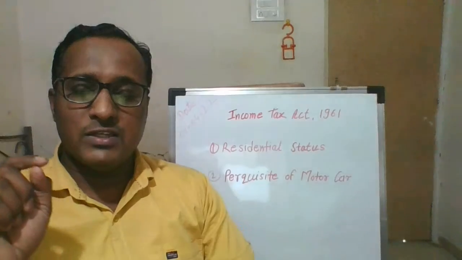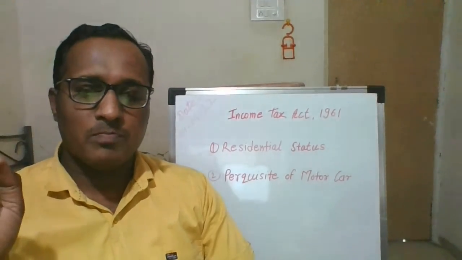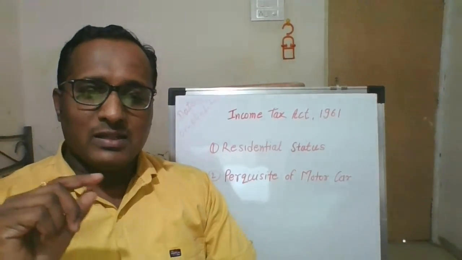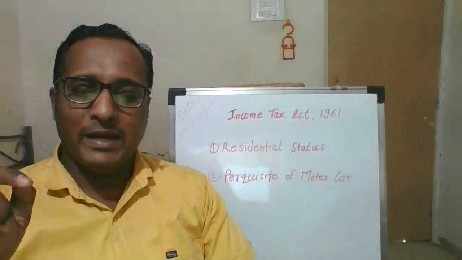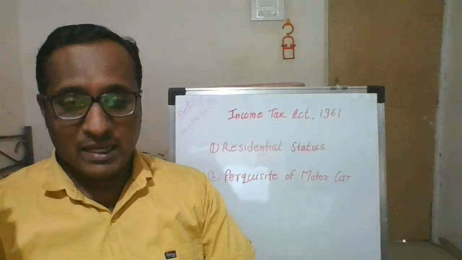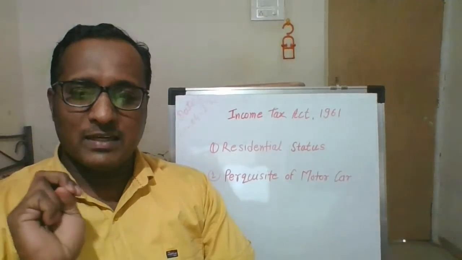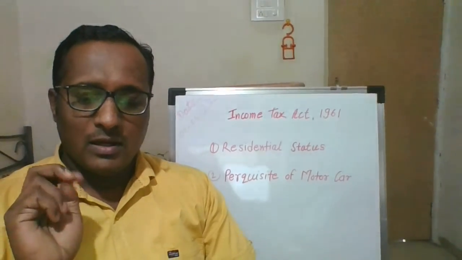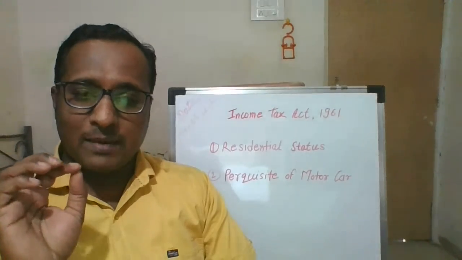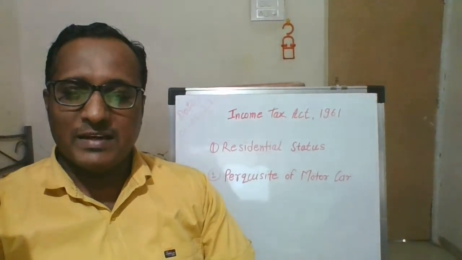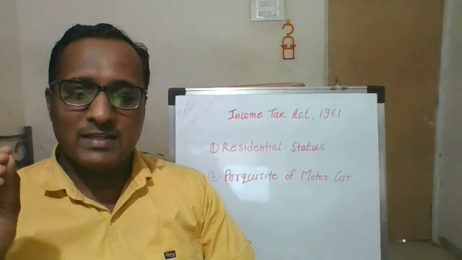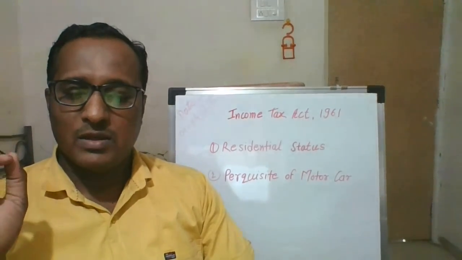If the motor car is totally owned by the employer and the running and maintenance expenses are also reimbursed and paid by the employer, there are two basic conditions. The first is that the cubic capacity of the motor car is below 1600 cc or a 1.6 liter engine.